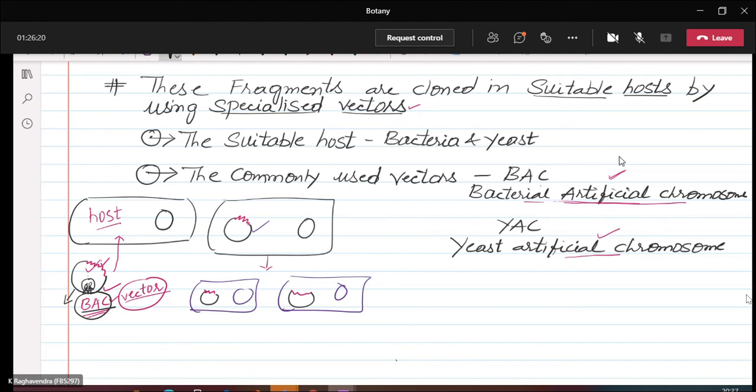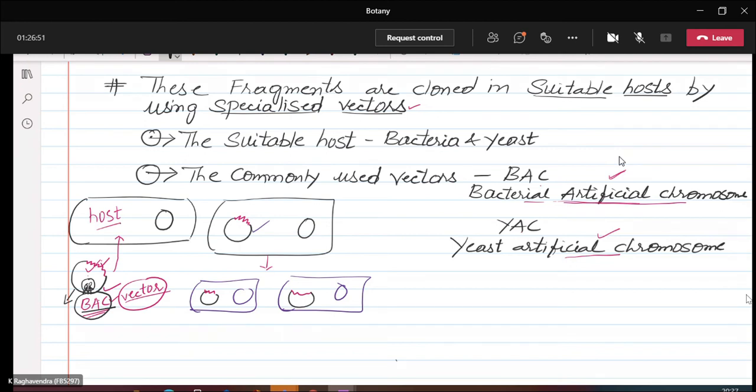Absolutely. So why are we calling this plasmid artificial? Because it is not present naturally. You prepared it. How do you prepare? You kept some genes which are necessary, like the origin of replication. There are some other necessary genes kept intact, and you added the fragment. So that becomes a complete artificial chromosome.